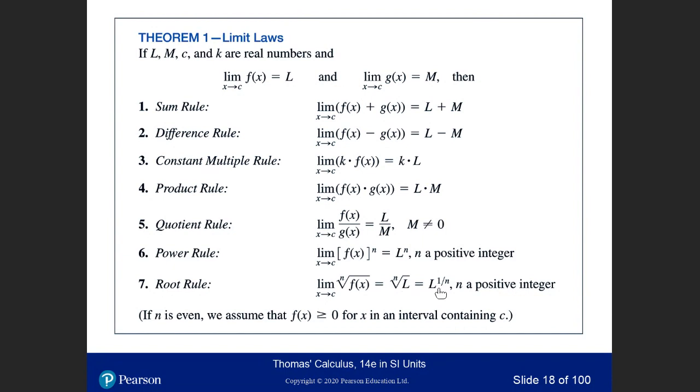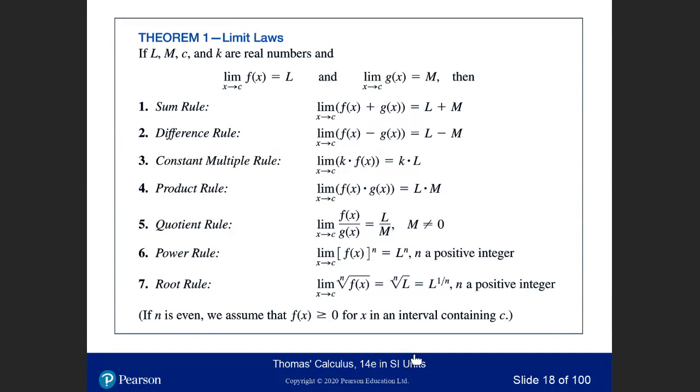Okay? And if L is negative and n is 2, the square root of a negative number is not fine. So you have to be careful when taking the limits of functions with roots.